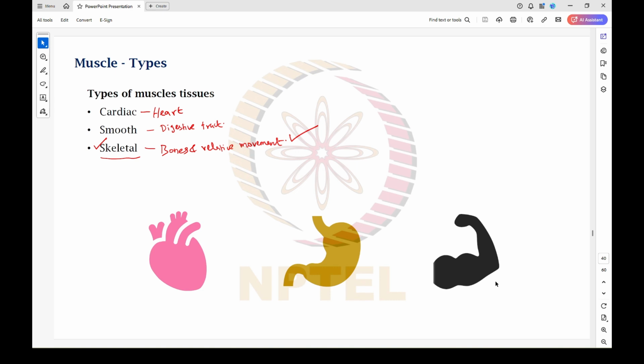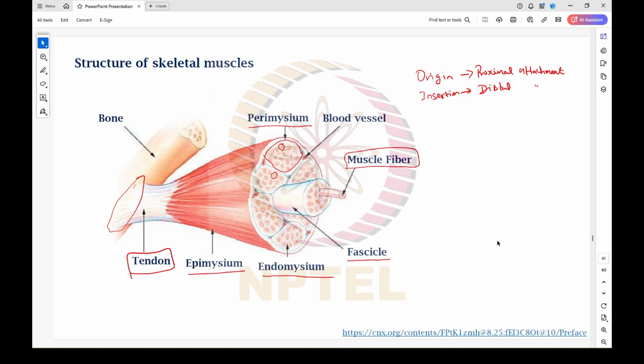The skeletal muscle is designed such that the basal layer of a skeletal muscle is the muscle fiber.